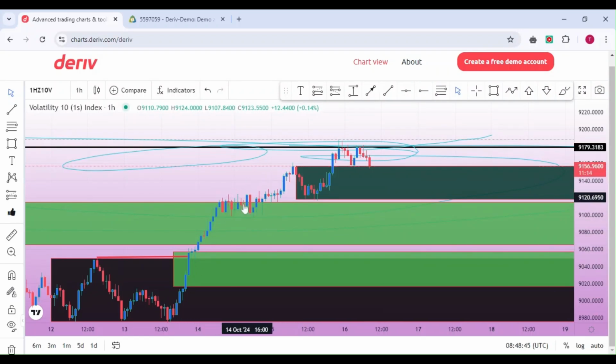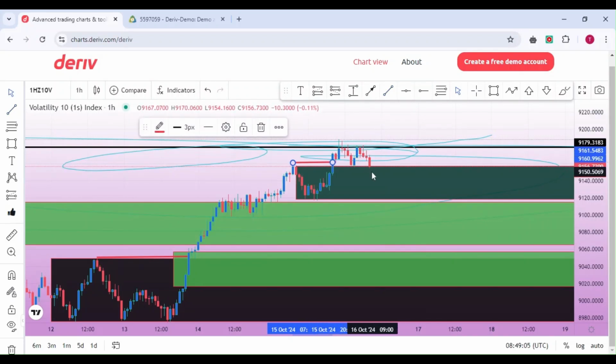After going up, it has made some movements, pullbacks, gone up again, and then we see there is a break of structure again here. So what is the market trying to do?